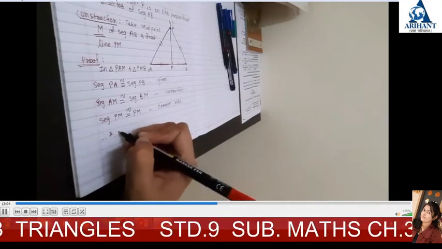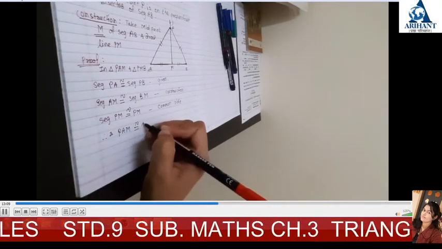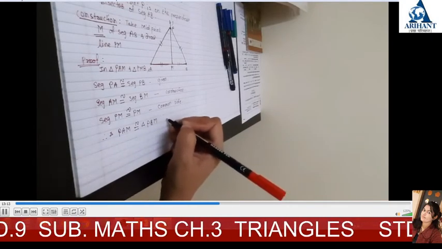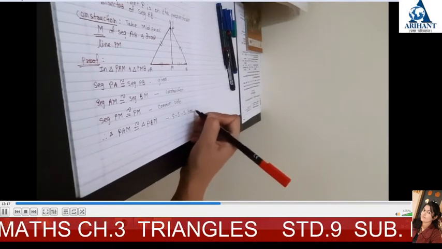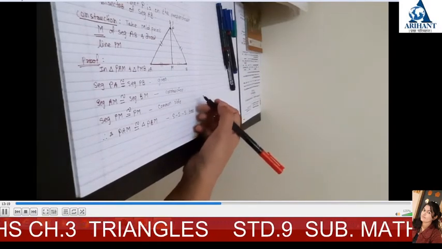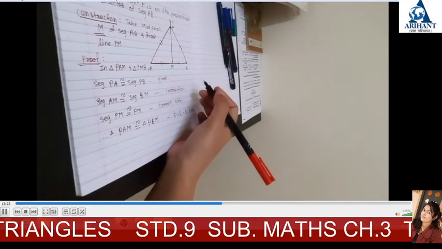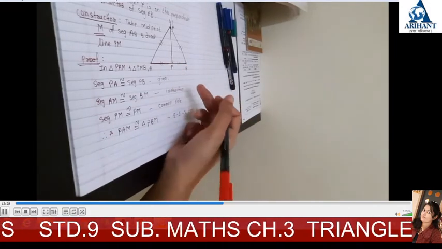Therefore, triangle PAM is congruent to triangle PBM. That is side, side, side. Three sides of the triangle are equal, then the triangles should be congruent.